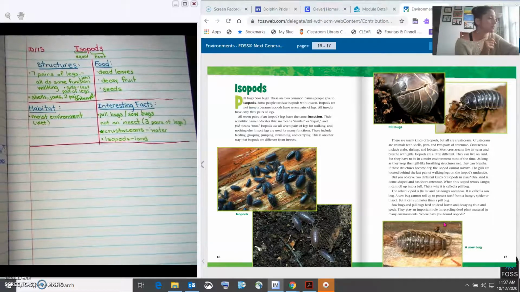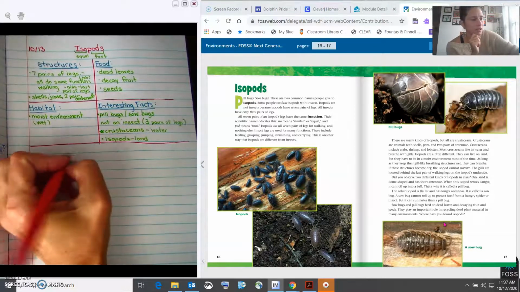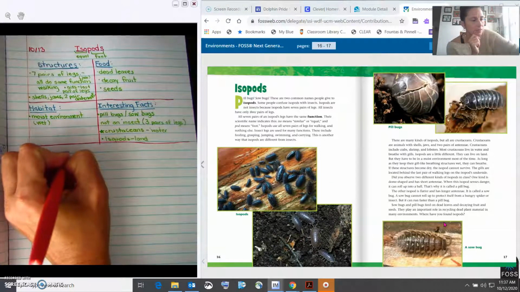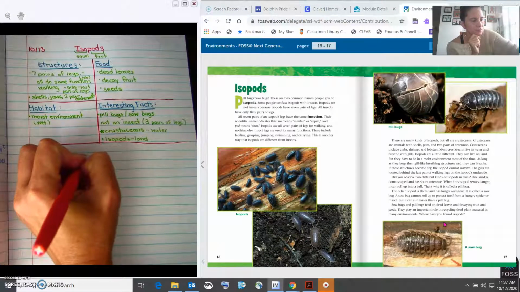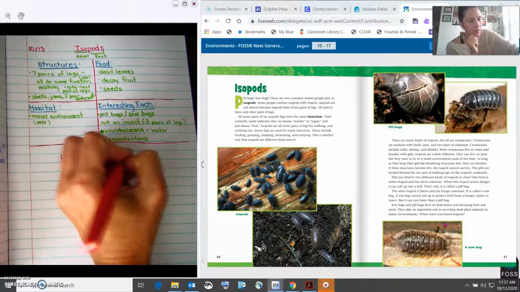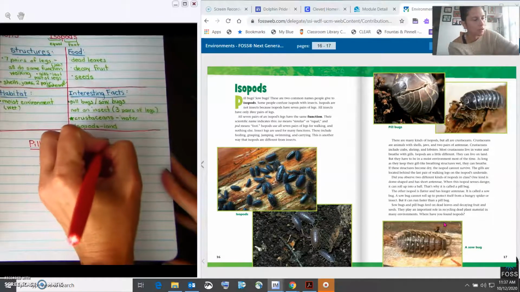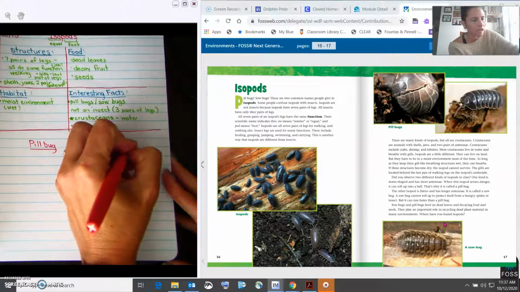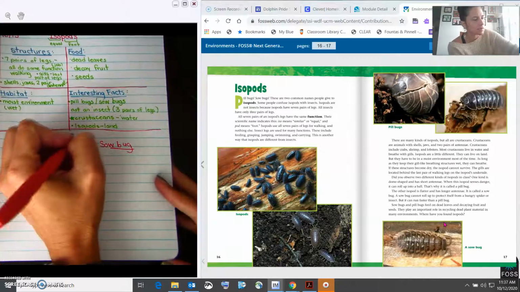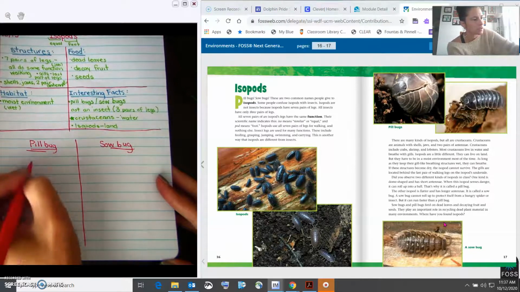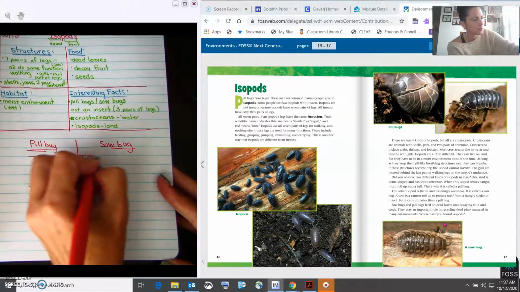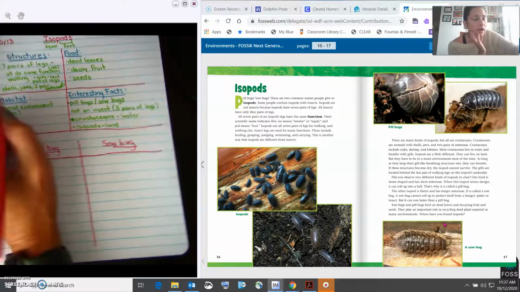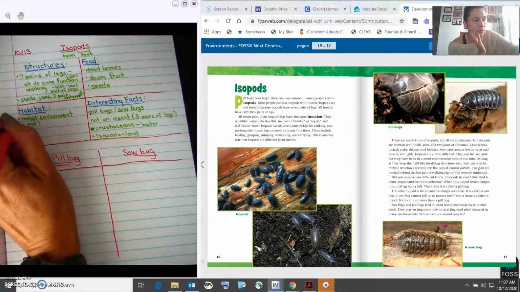All right, so we learned some things about, we've got our pill bug, and we've got our sow bug. I want to go and look at that last paragraph again real fast. I'm just going to make a quick T-chart. Now, both of them do need that moist environment.